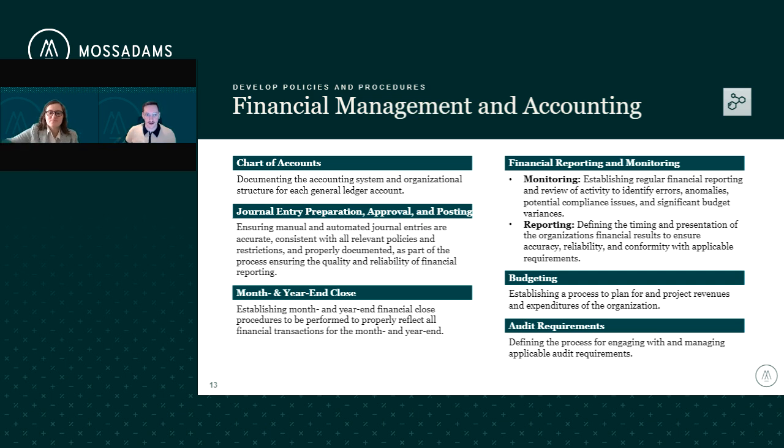I think one thing that I always think of when we go over the financial management policies and procedures is a lot of what we see is organizations maybe don't on the front end delineate how they are going to account for their grants that they receive.